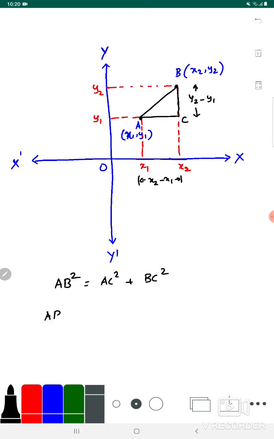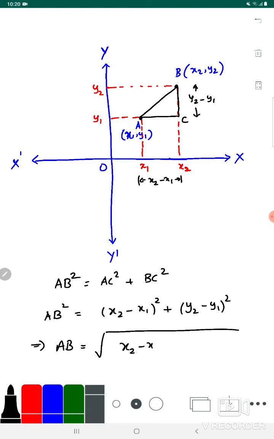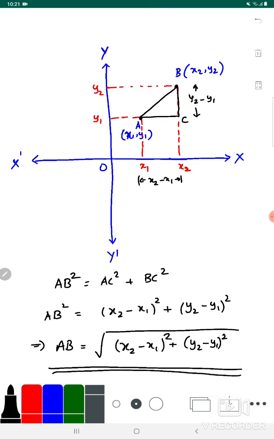So here AB square is given by AC square, which is x2 minus x1 whole square, plus BC square, which is y2 minus y1 whole square. So my required distance AB is nothing but root of x2 minus x1 whole square plus y2 minus y1 whole square. This is how you arrive at the distance formula.